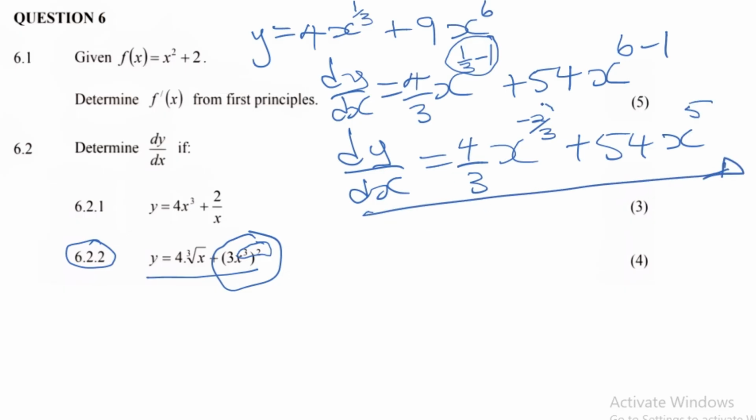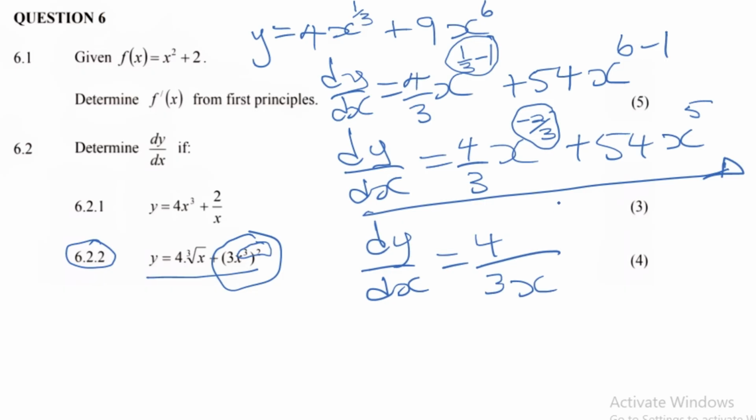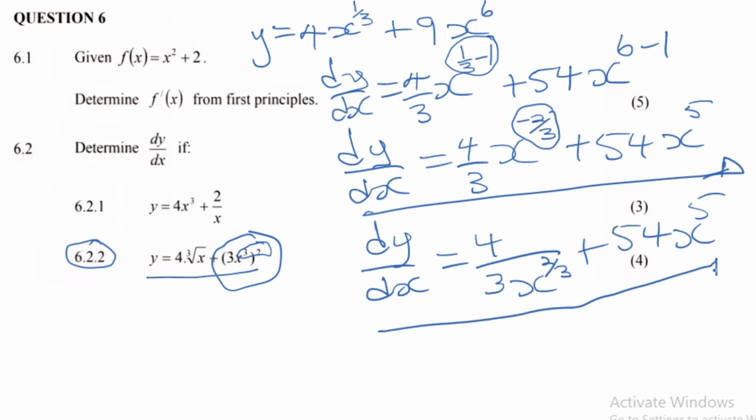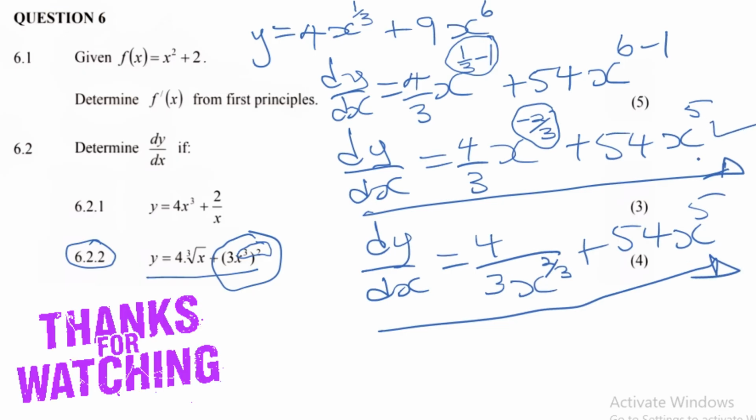But if you want to continue, if you want to get rid of this negative power, you will say dy over dx is equal to 4 over 3x to the power of 2 over 3 plus 54x to the power of 5. So that becomes your answer right there. But even if you stop here, you will get all the marks.